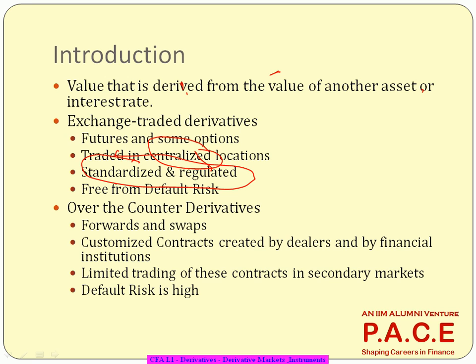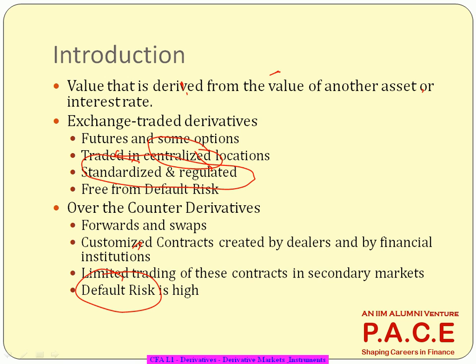But the biggest problem is that default risk is higher. Because we both got into an agreement, I'll buy something from you at 100. But if the market price is 95 on that day, I may feel like breaking your contract. It's just between two parties.